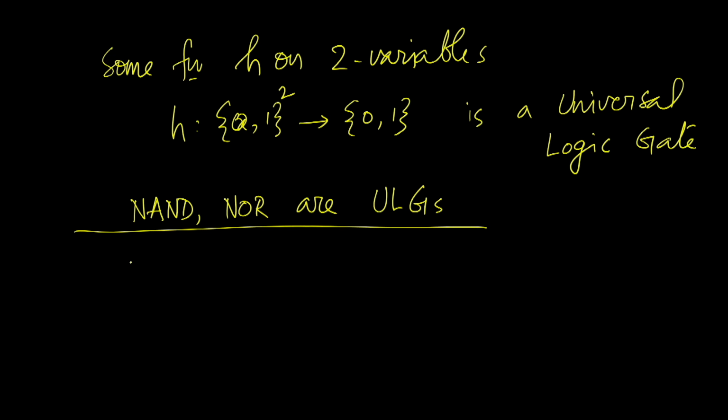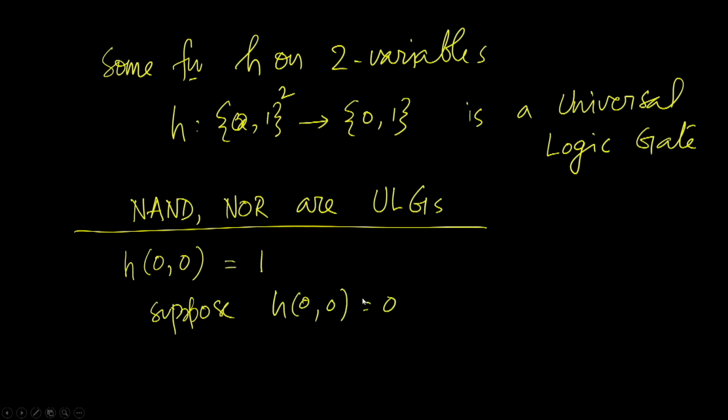Then I claim that h of 0, 0 will have to be 1. Why is this? Suppose h of 0, 0 is 0. That is, when both the inputs to h are 0, then the output is 0. Then consider a logical expression, a Boolean expression that is synthesized using h.